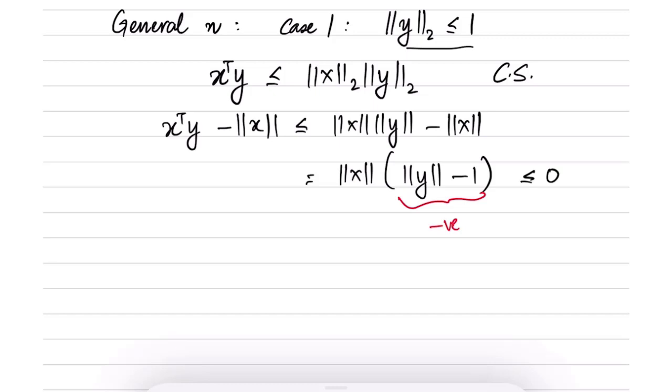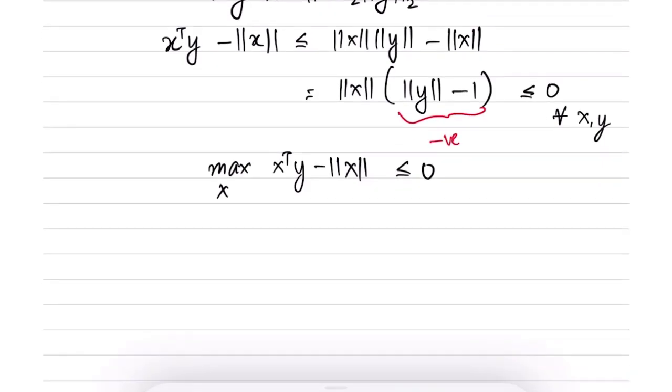Now we are saying that the objective function is always less than or equal to 0. In other words, the maximum of the objective function over all x is also less than or equal to 0, because this objective function itself is always less than or equal to 0 for all x, y. Therefore the maximum is also less than or equal to 0. In fact, in this case we can see that the maximum is equal to 0, which occurs when x is equal to 0.